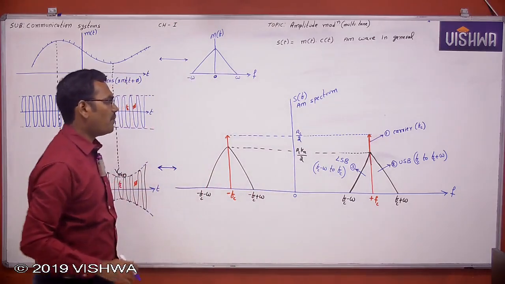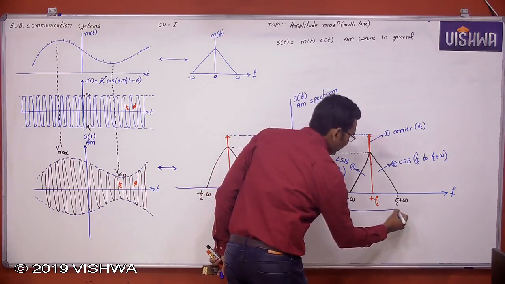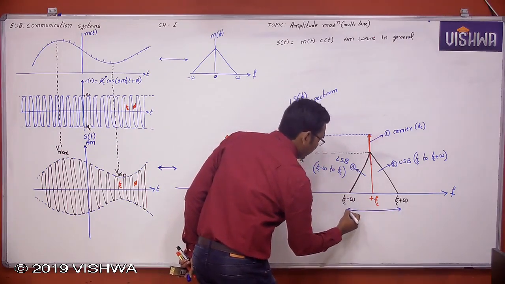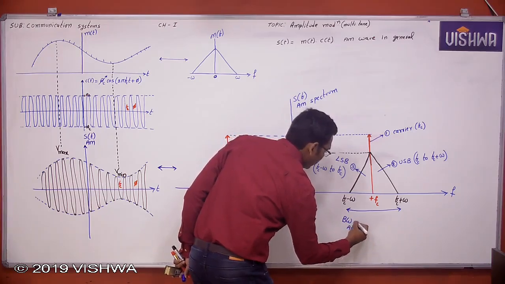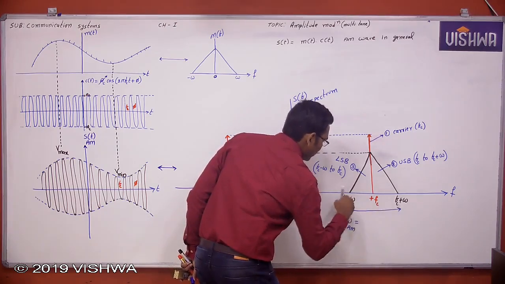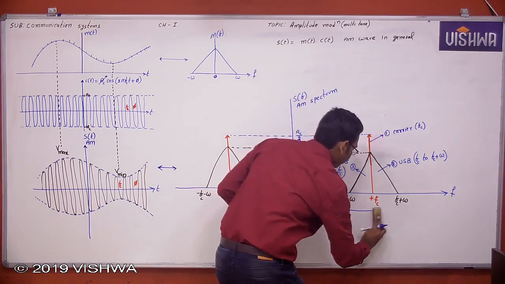Now, first of all, what is the bandwidth of the AM wave? The bandwidth of AM is equal to the highest frequency, Fc plus omega, minus the lowest frequency, Fc minus omega.